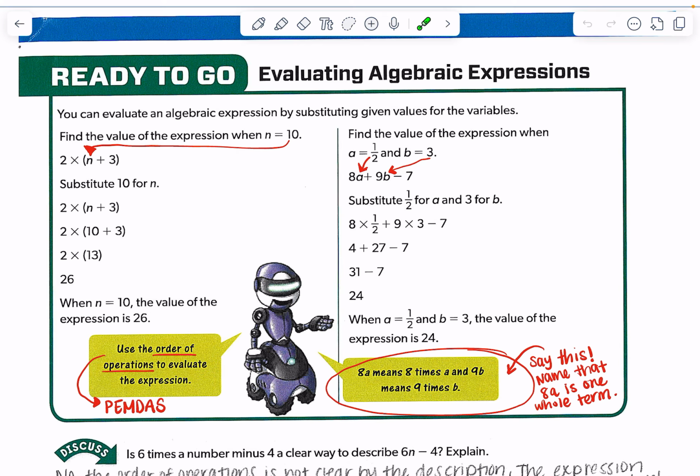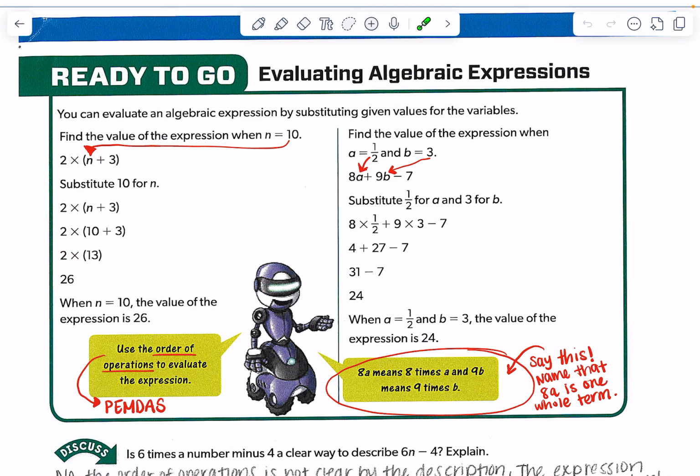Students are going to also have to substitute multiple variables in one expression. For instance, this expression right here has a as a variable and then b as a variable too. So students will have to substitute half for a and 3 for b.